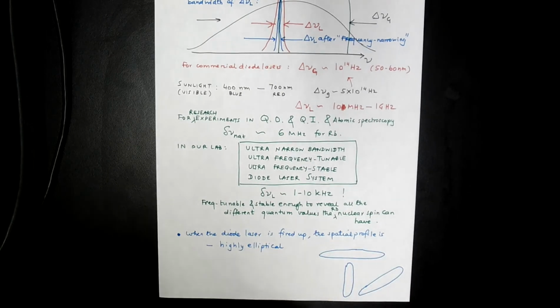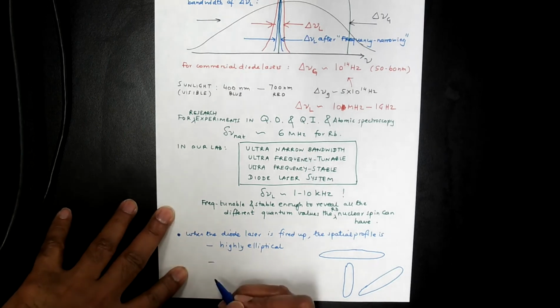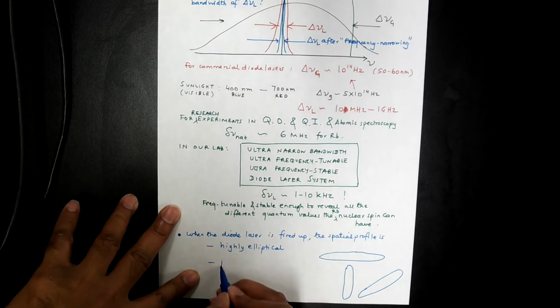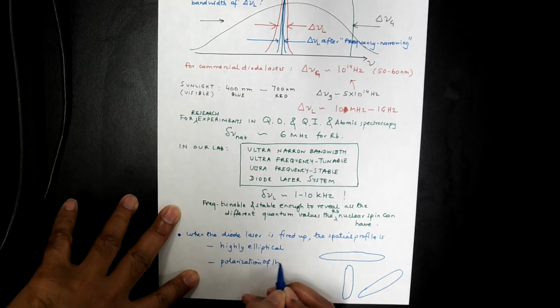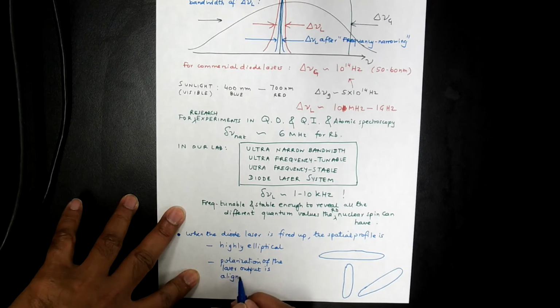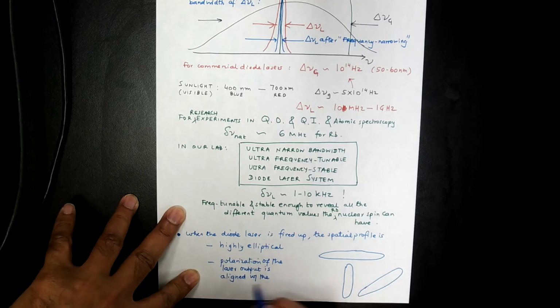The other thing is that it's easy to verify that the polarization of the laser output is aligned with the short axis of the ellipse.